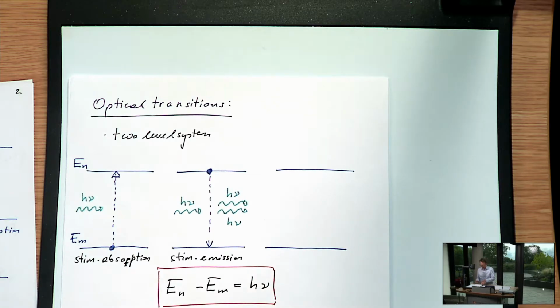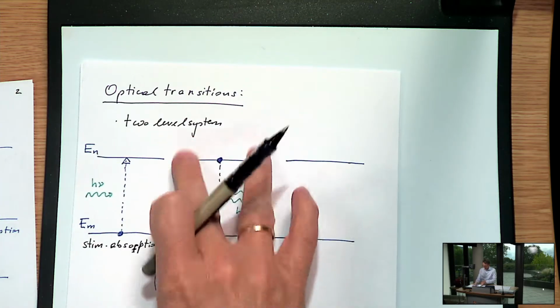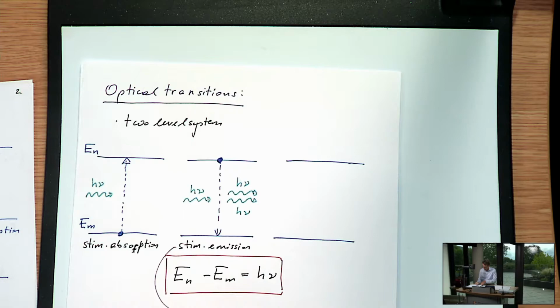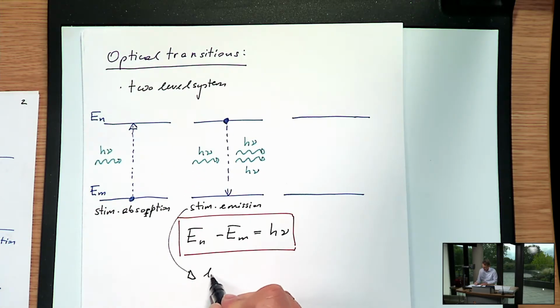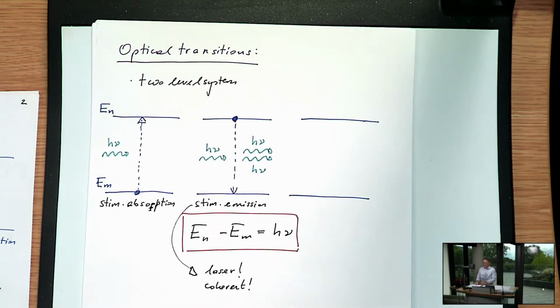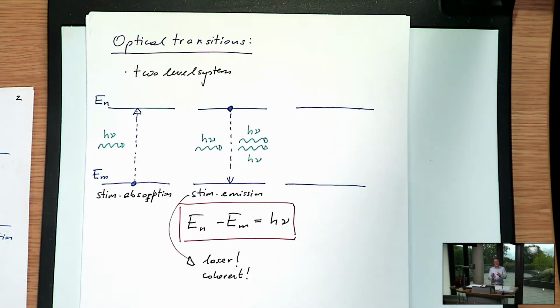And so if I just continue down here for this column, for this case, this stimulated emission is what makes a laser. And the light that comes out is coherent. Because you can think of this process: the light field comes in, I've got this excited molecule, the molecule feels the field that comes in, and the photon that comes out will come out exactly in phase with the light that came in.